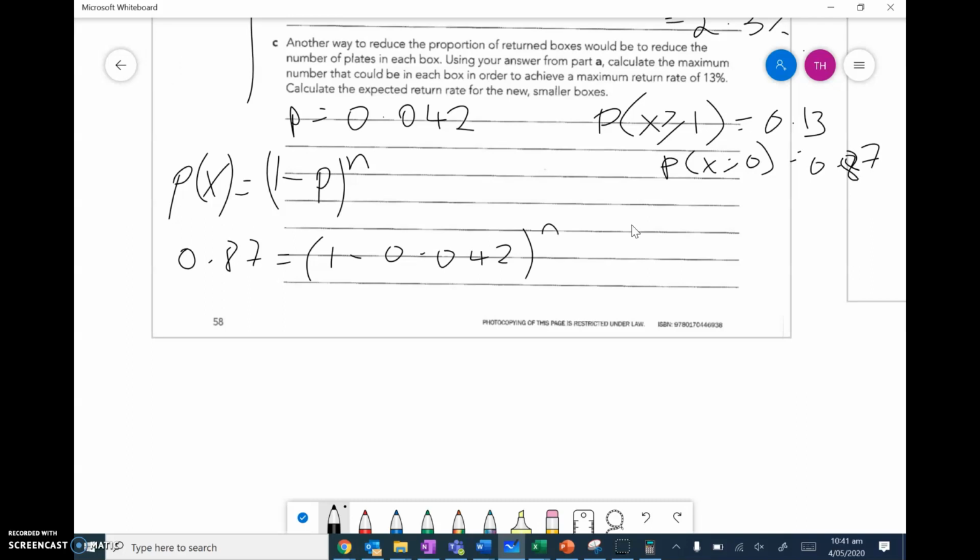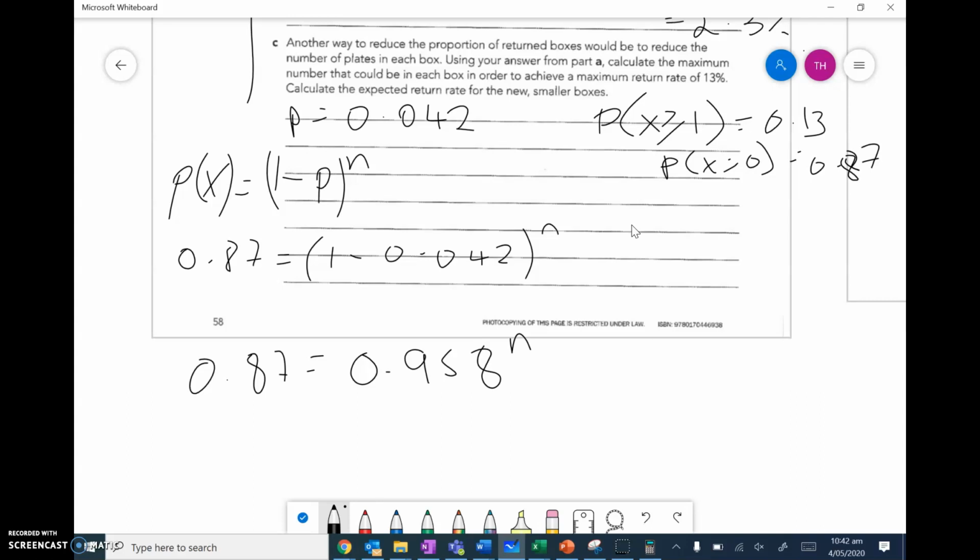Now this is one that's a little bit different to the last two, so I need to solve this slightly differently. I'm going to simplify, so 0.87 equals 0.958 to the power of n. Now to get rid of this n, we need to use logs. If you don't do calculus, you might not understand logs.